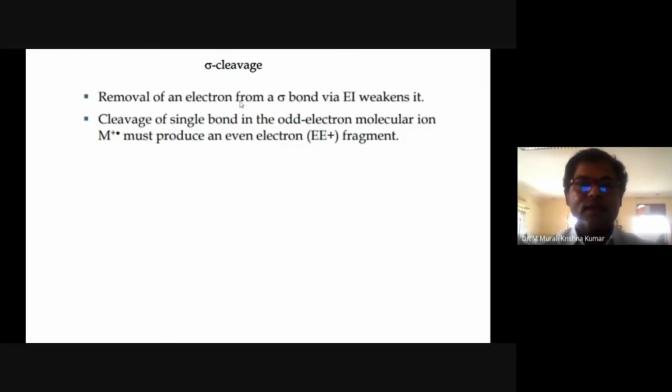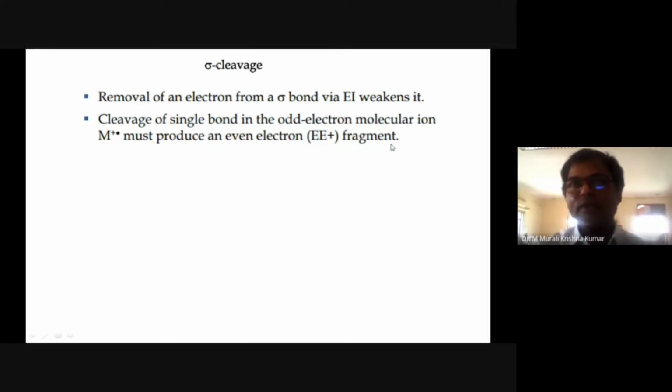In case of sigma cleavage, an electron is removed from a sigma bond via electron impact, because electron impact weakens it. In the cleavage of a single bond in the odd electron molecular ion, M plus star dot as we represent it, it must always produce an even electron fragment.